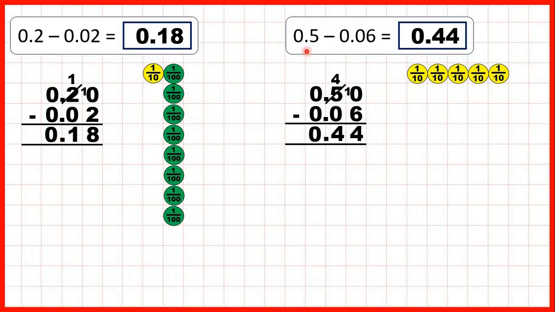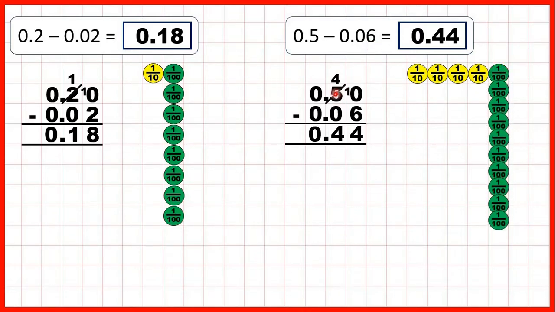Then, for this question, we started with 0.5, so 5/10ths, but we wanted to subtract 6/100ths. So we exchange one of our tenths for 10/100ths. That meant that we could subtract 1, 2, 3, 4, 5, 6/100ths to give us 4/10ths and 4/100ths, or 0.44.